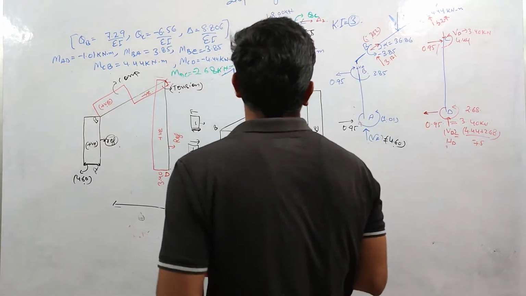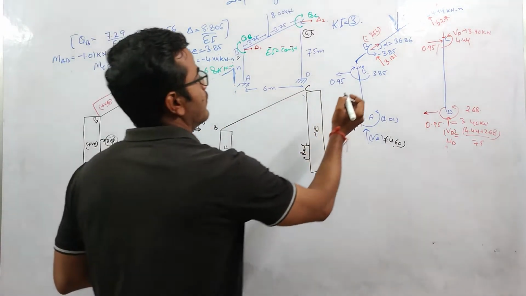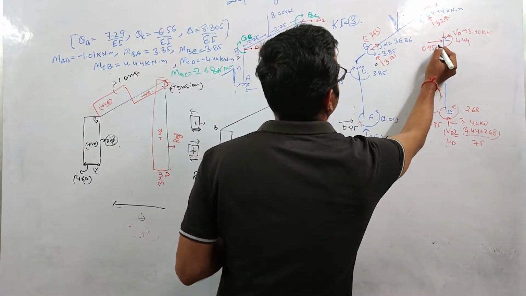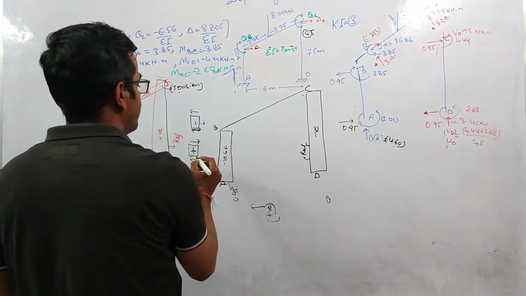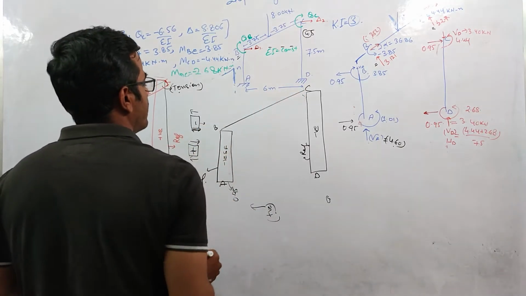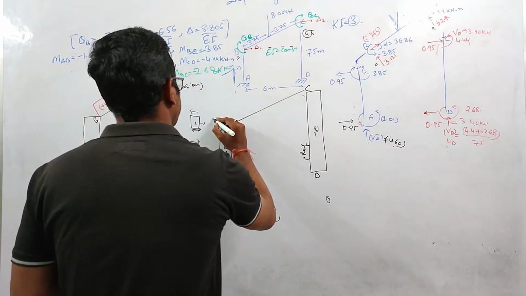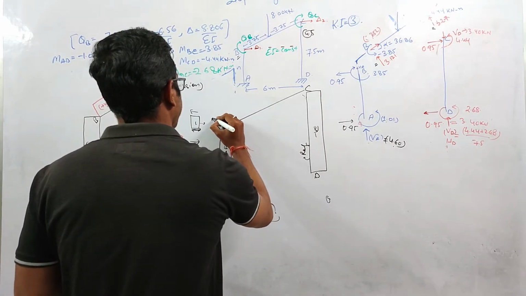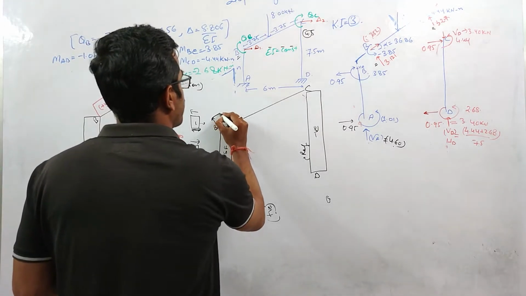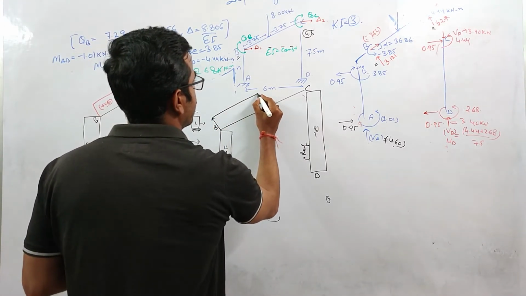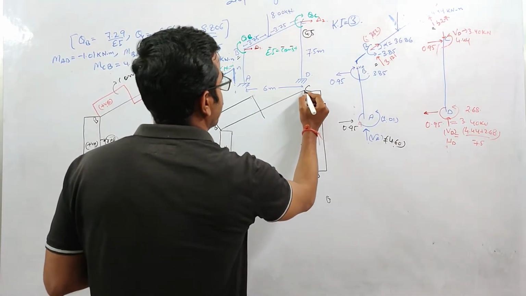Now for this member, the shear force will be due to these forces, and this case is resembling this positive axis case. So shear force will start from here, then it will come down at the midpoint because there is one point load acting.